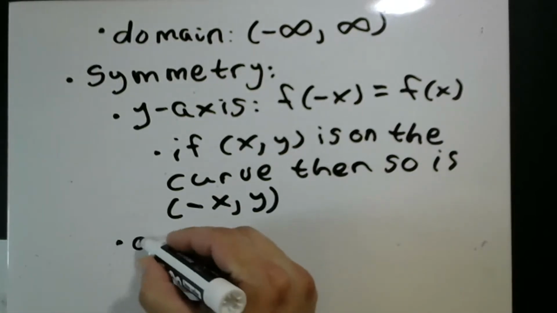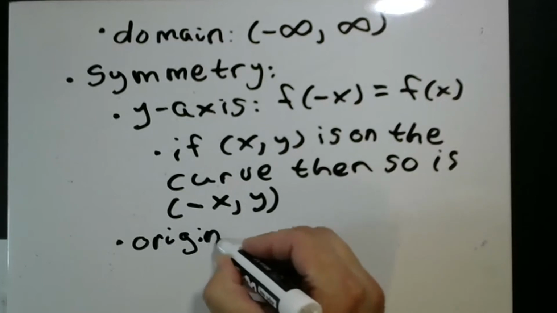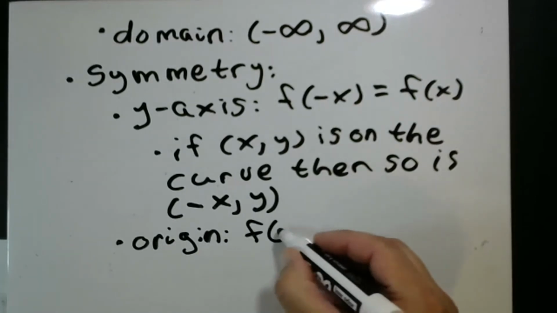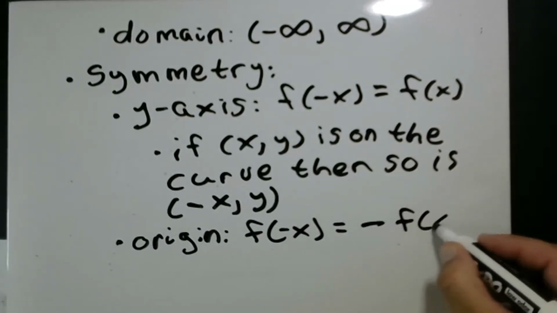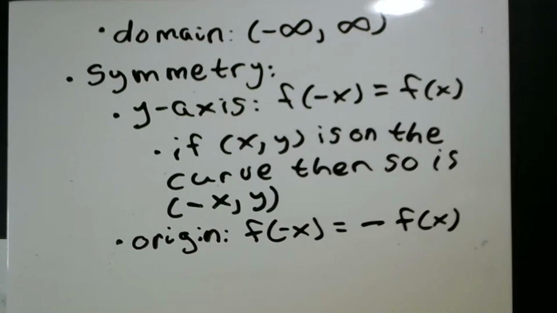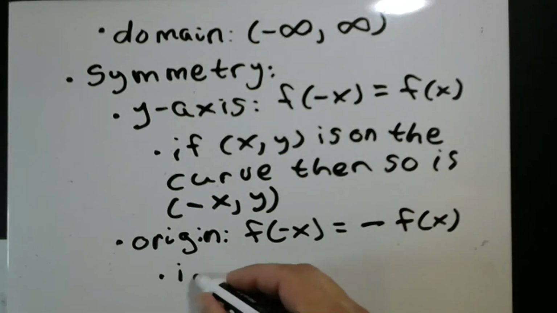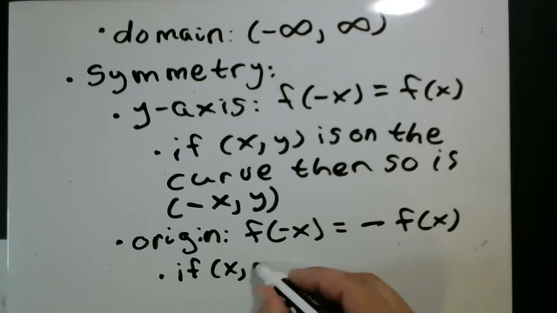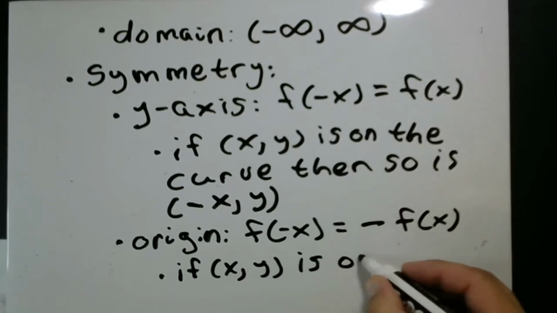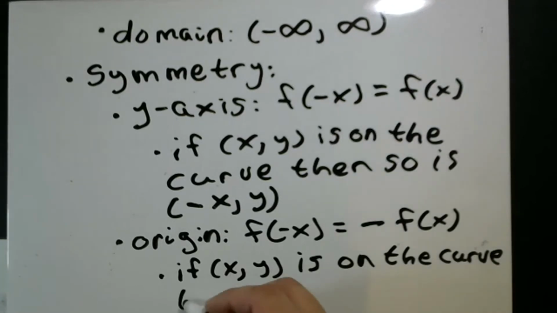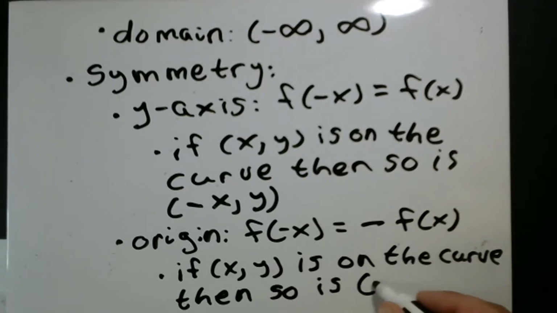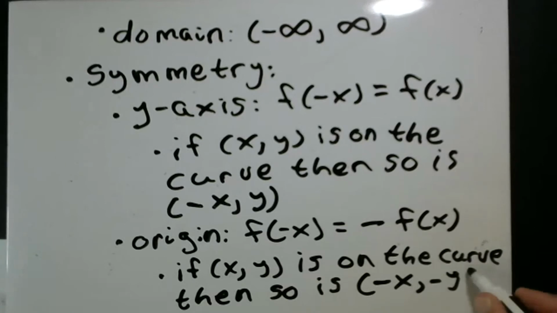The second kind that we look for is about the origin. And we know we have this if, when we put in negative x and simplify, the negative sign simplifies out. Or put another way, if (x, y) is on the curve or our graph, then so is (-x, -y).